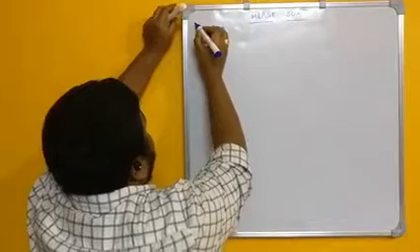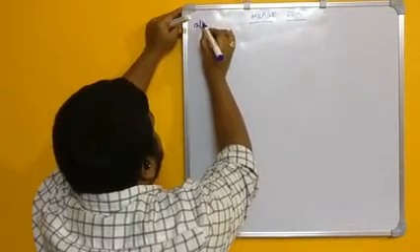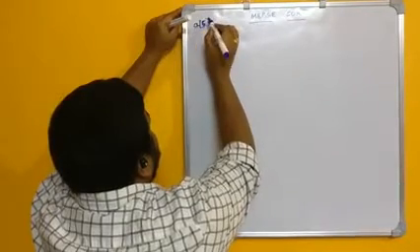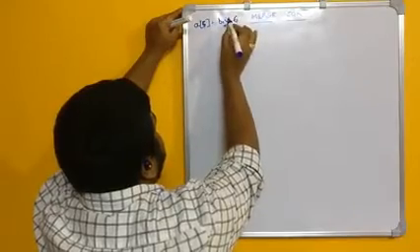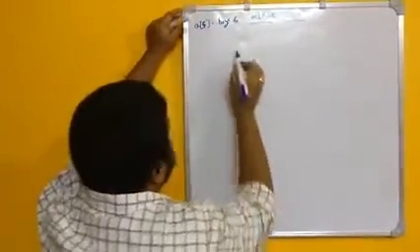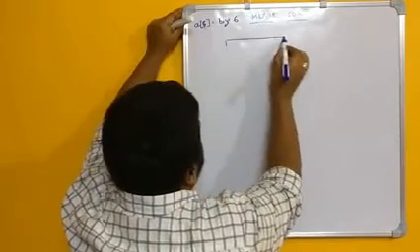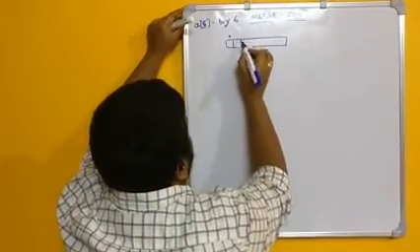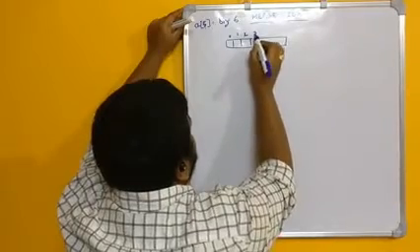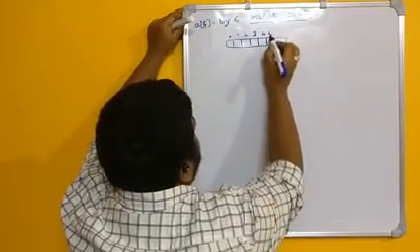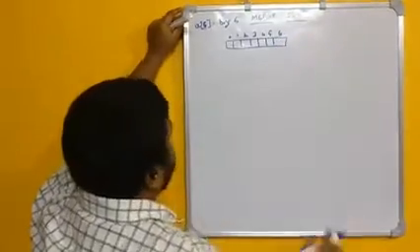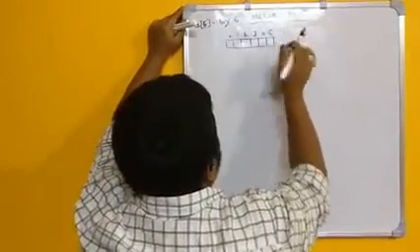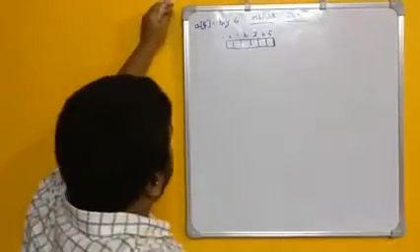Say we take an array A of size 6. Our array has indices 0, 1, 2, 3, 4 and 5, a total of 6 elements.